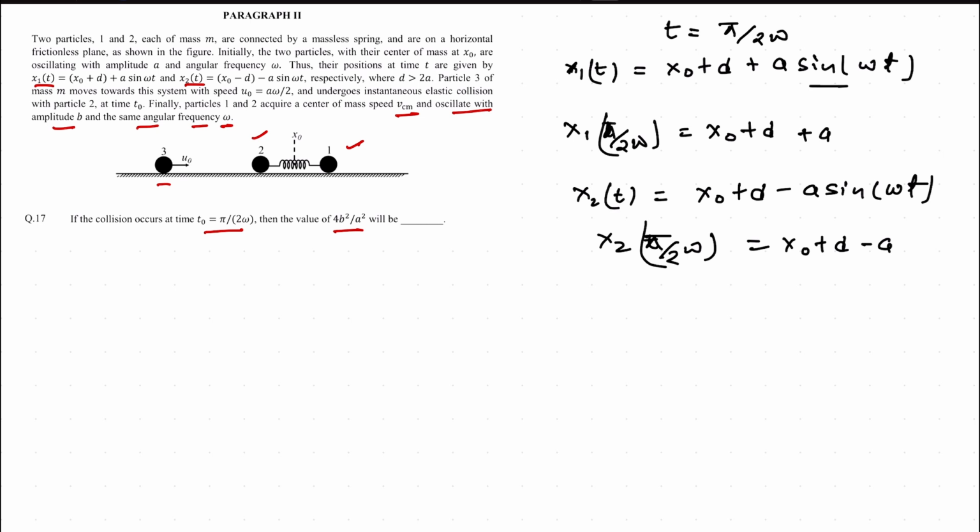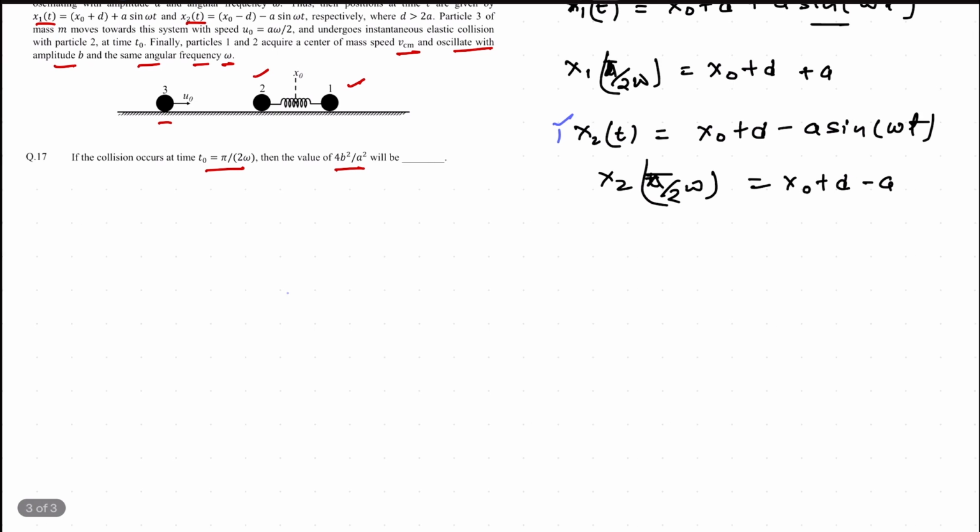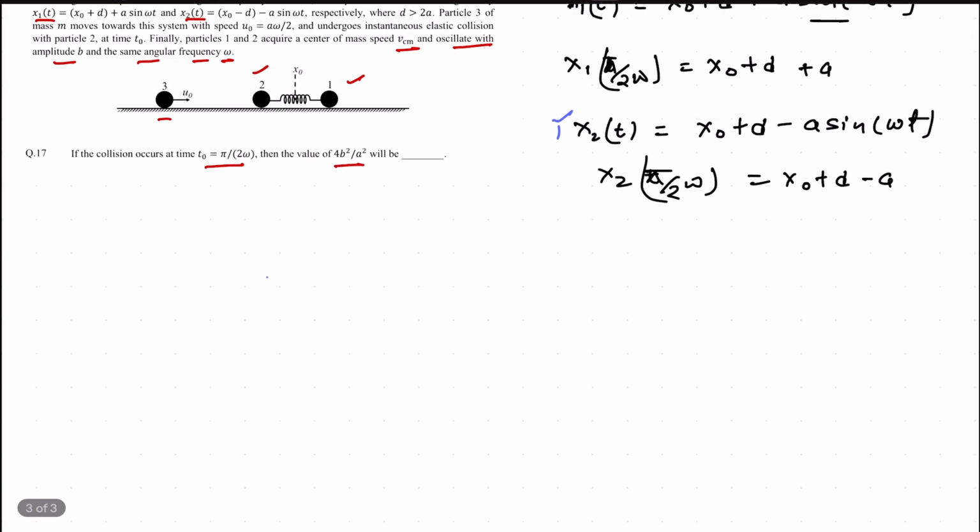Now look, the particles are at the extreme positions. We know that at the extreme position the velocity of an SHM will be 0, or you can differentiate and find out the velocities. So when it is hitting, this is particle 1, this is particle 2, and here the velocity is 0.